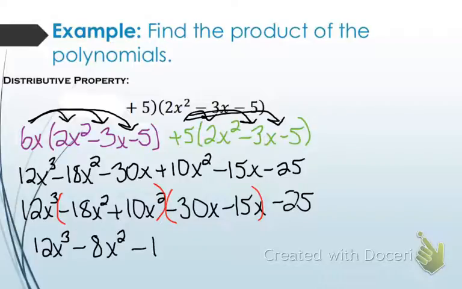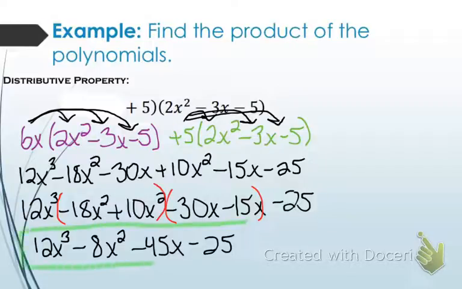That is a negative 45x. And bring down the constant, negative 25. This is our final answer after we multiply those two polynomials. So it ends up being a pretty long polynomial.